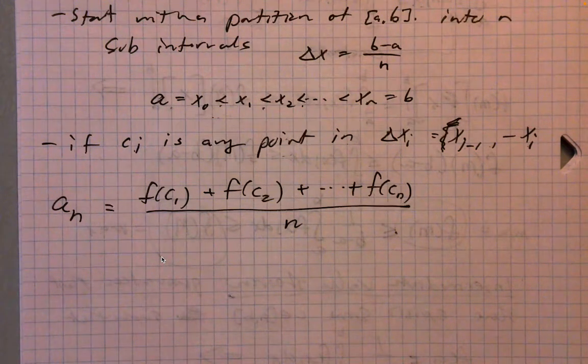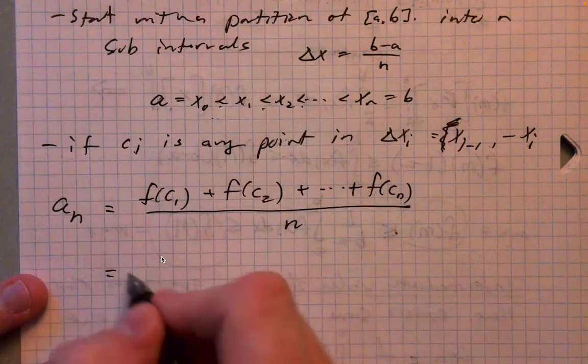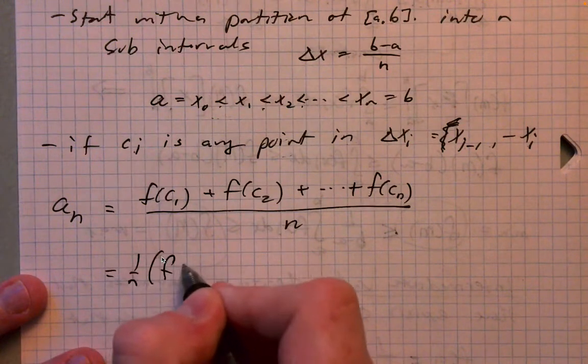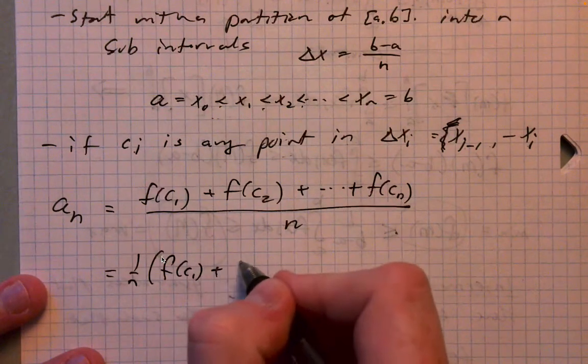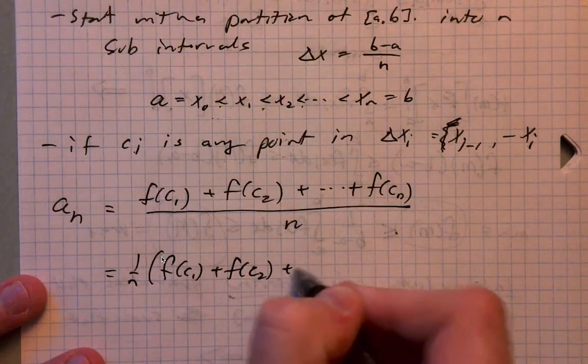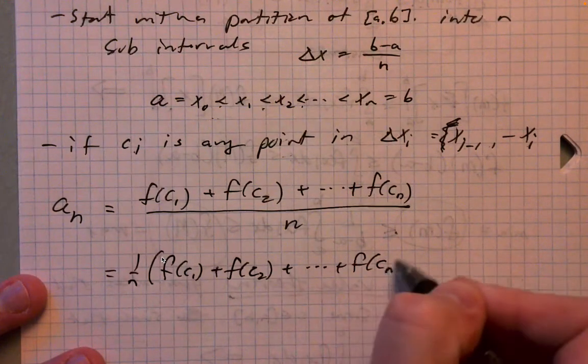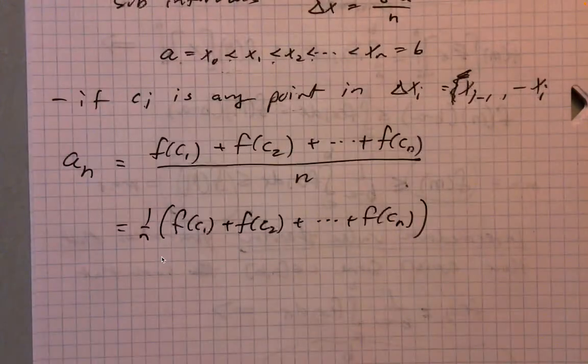So there's a bunch of ci values. What's the average of them? This is it. Let's write that like this, moving the n out front, the 1 over n.